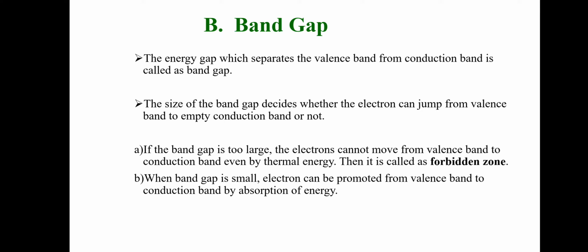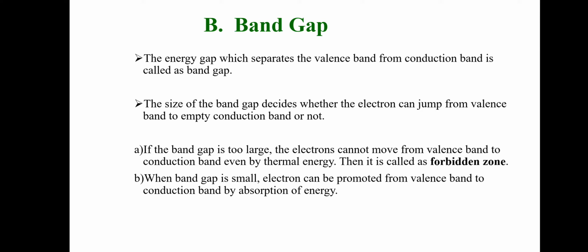Now, in between the conduction band and the valence band there is a gap which is called the band gap. The energy gap which separates the valence and the conduction band is called the band gap. The size of the band gap decides whether the electron can jump from the valence band to the conduction band.